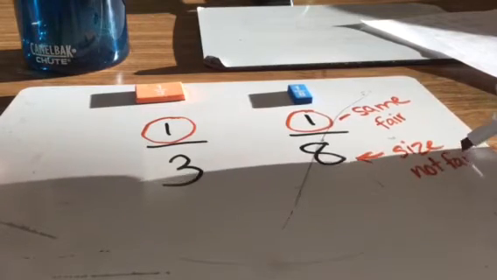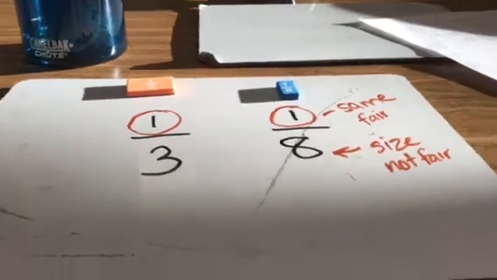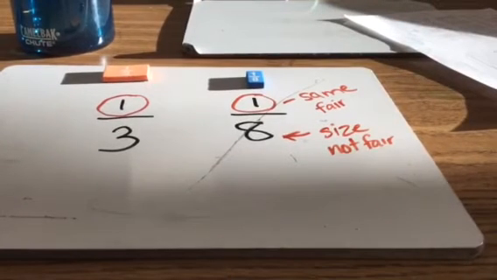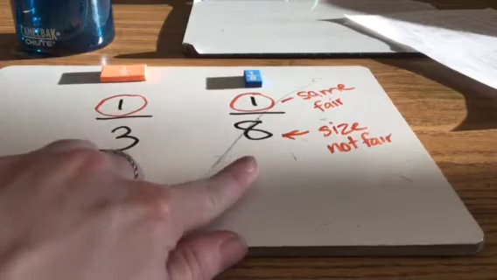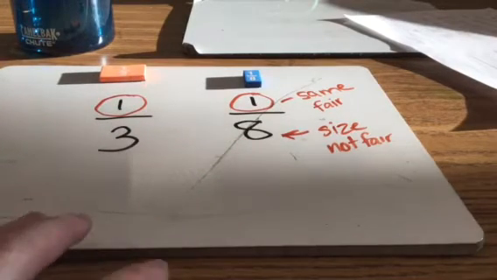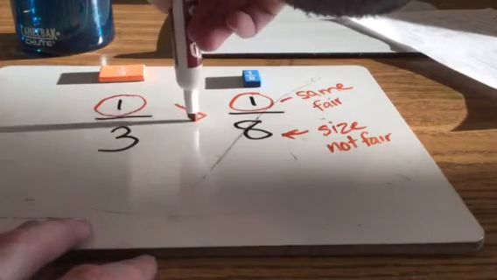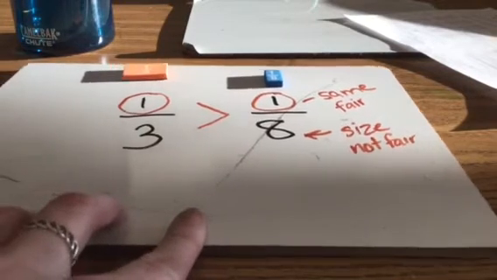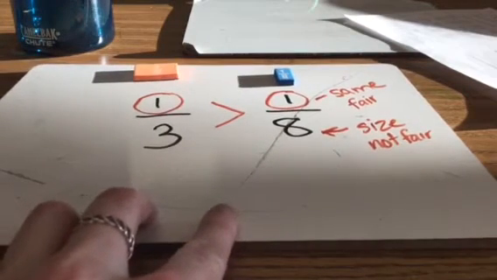So then I'm thinking about the size. And remember, the more people I have to share with, the smaller piece that I get. So I'm sharing with 3 people or I'm sharing with 8 people. And I'd rather share with 3 people so that I get more. So 1/3 is bigger than 1/8.